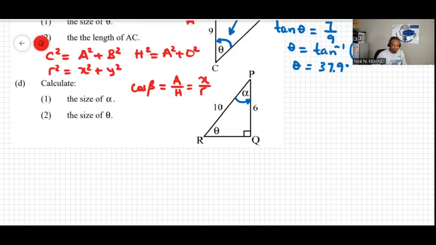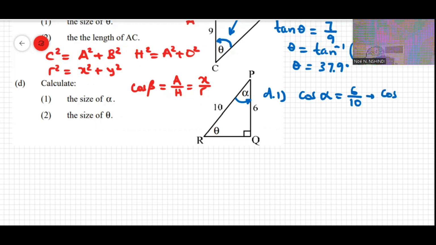To substitute here, for D1, I'm going to say that cos of alpha will be equal to adjacent, which is 6, over hypotenuse, which is 10, which means that cos alpha equals 0.6, 6 over 10.